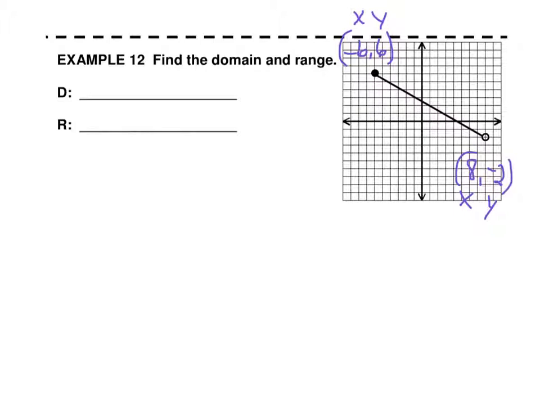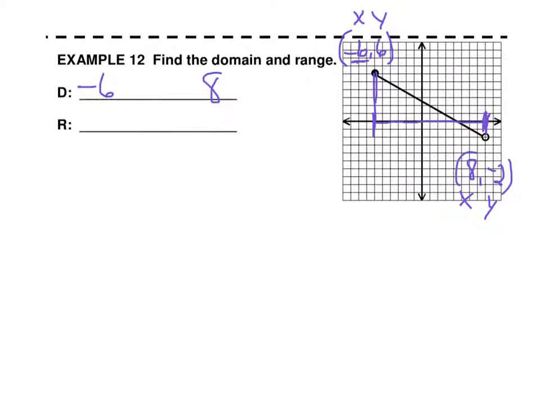So the domain is your x values. So your smallest x value is negative 6. So x goes from basically right here all the way over to right there. So x goes from here to here. So this is 8. So x goes from negative 6 all the way over to 8.